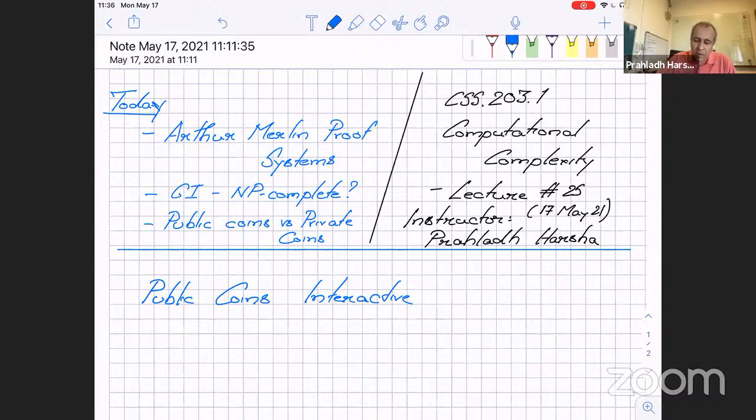This was what a public coins interactive proof was. And we gave it a special name called Arthur-Merlin proofs. Arthur-Merlin means that they are public coins.